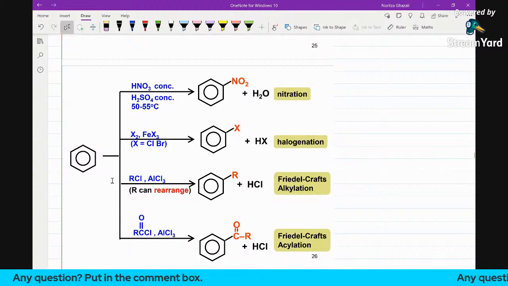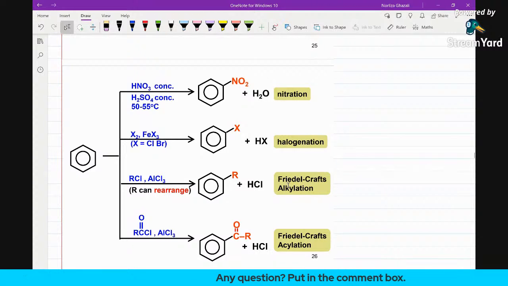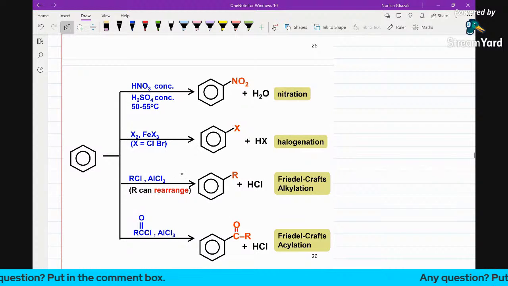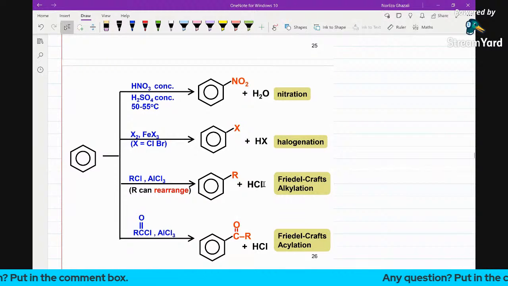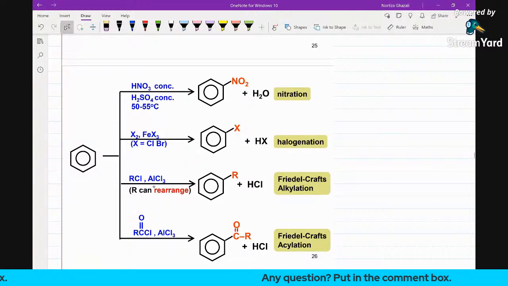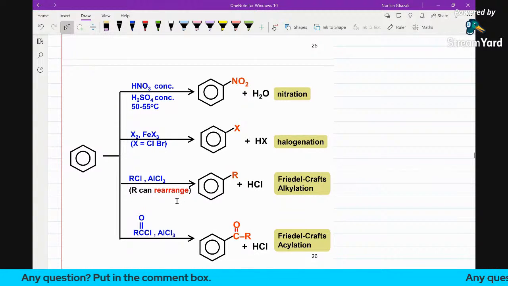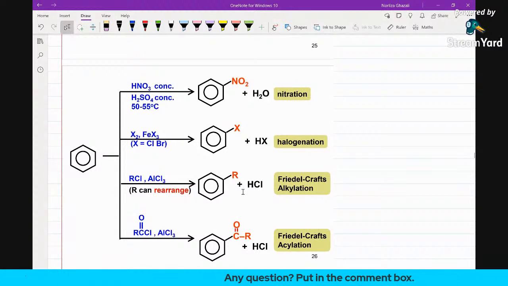Okay, next, what we call Friedel-Crafts alkylation. So we have alkyl halide, RCl, AlCl3. Okay, so we have alkyl benzene and HCl. But remember, sometimes the alkyl can do rearrangement. So you have to check whether the alkyl can rearrange to give you a more stable product, right?